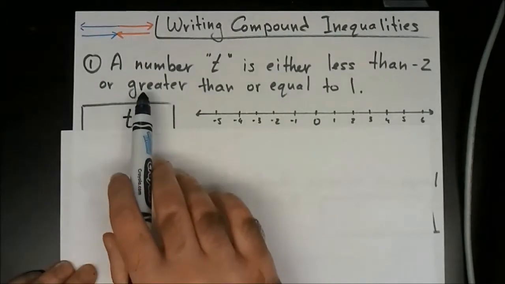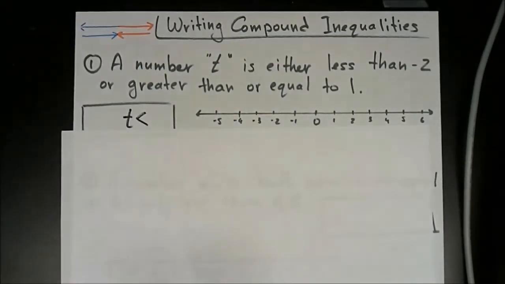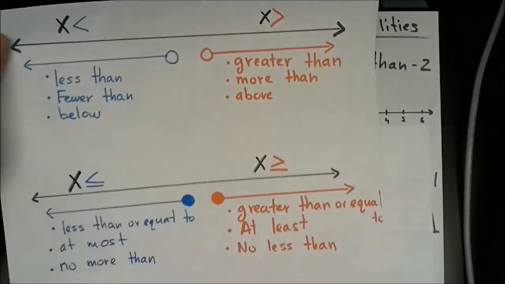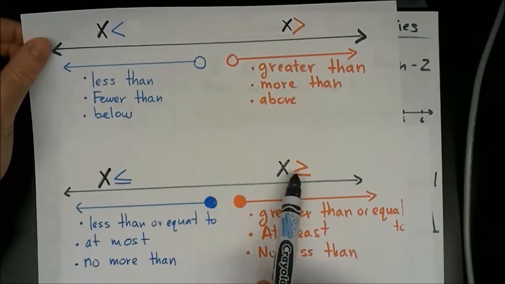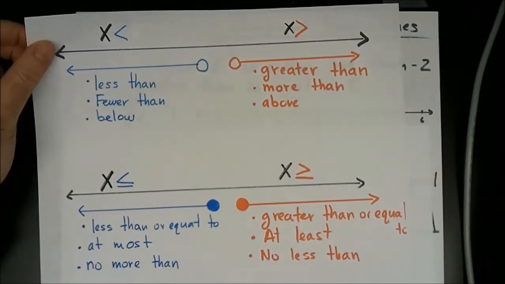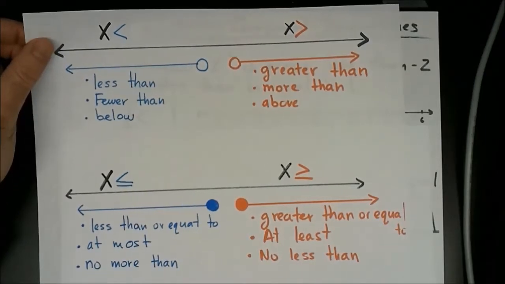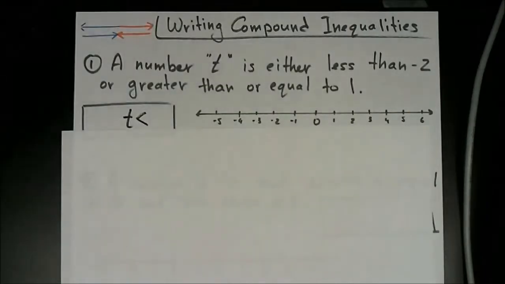Or greater than or equal to -2. So greater than or equal to. Let's find that one too. Greater than or equal to. Now this is a combo symbol, and the larger or the blunt portion of the alligator symbol is facing the variable. Combo with the large part facing the variable.